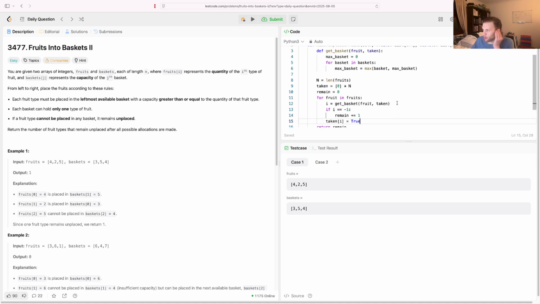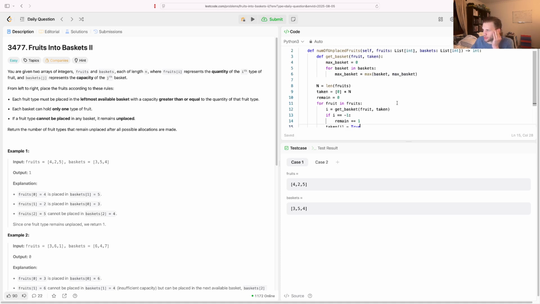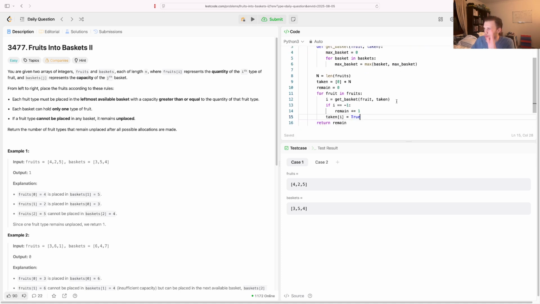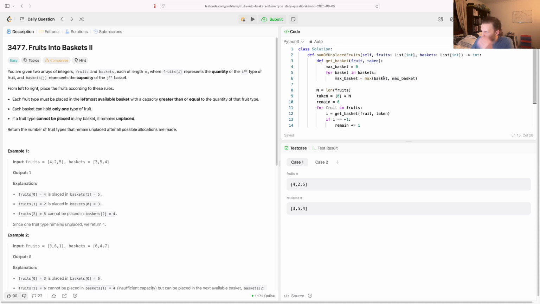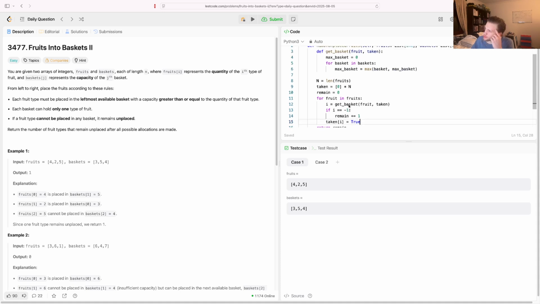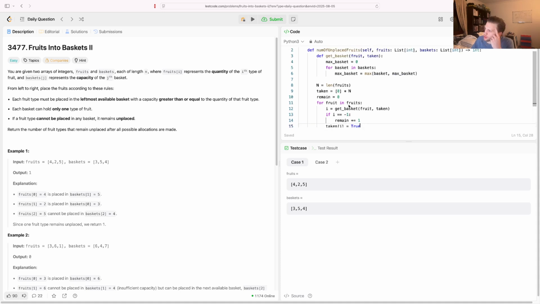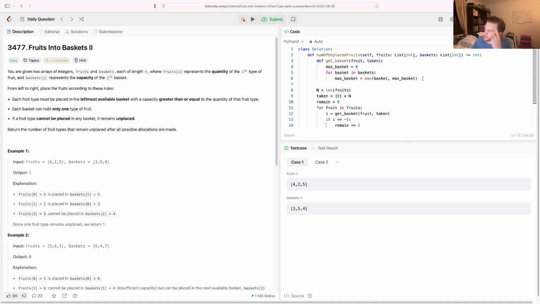Essentially, what I was doing wrong here was I thought you spill them over a bunch. No. Okay. So now we have a get basket function, and this is much easier now. We need an enumerate, so we get the index.